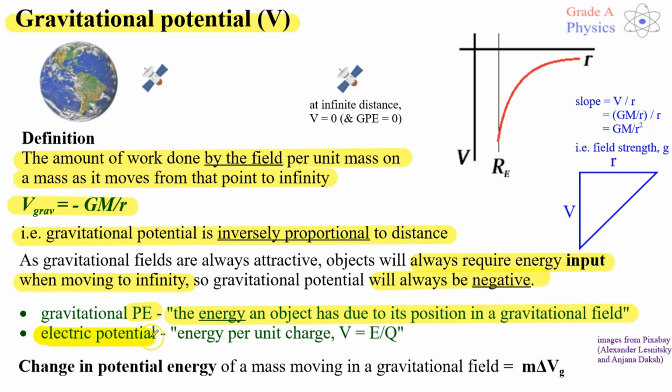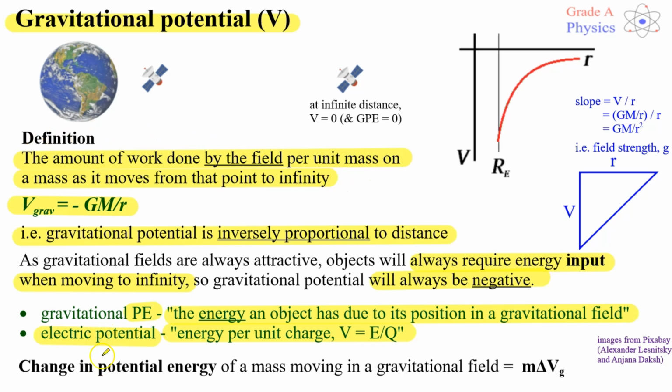We've also talked previously about electric potential, which is the energy per unit charge. So that is given the symbol V. That's E over Q, whereas we have E over M. So why is this useful?